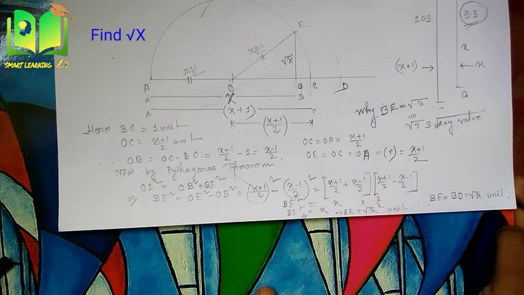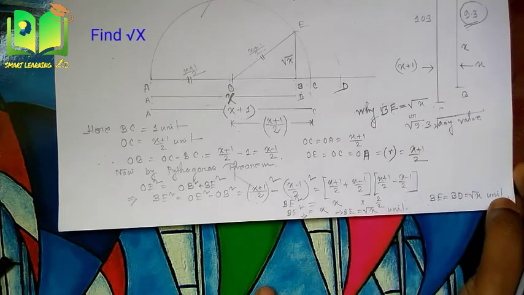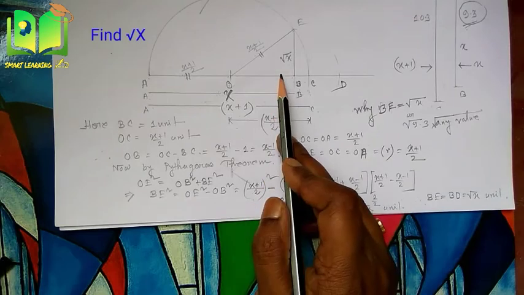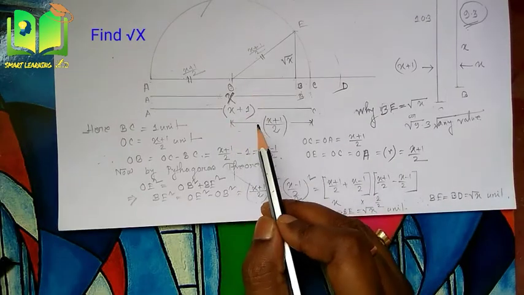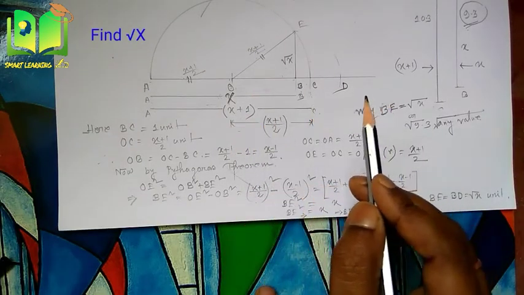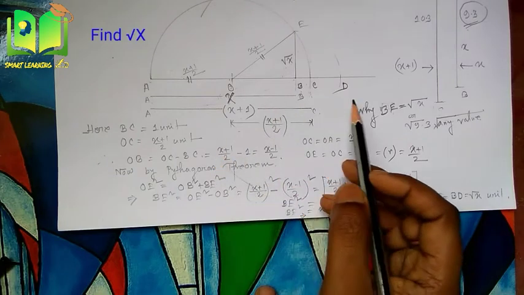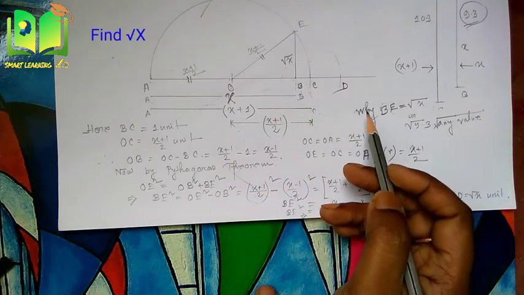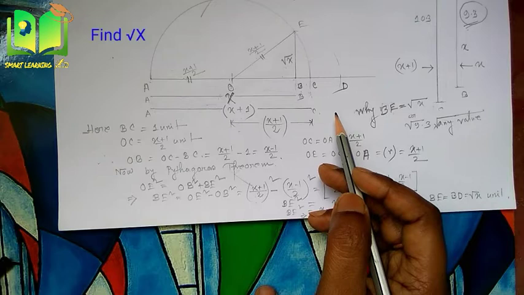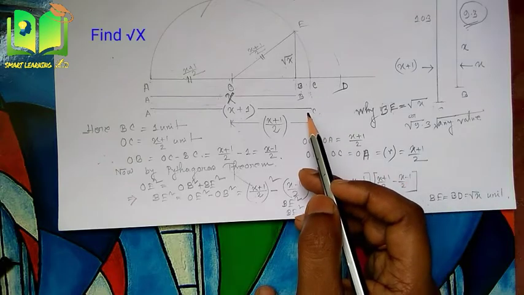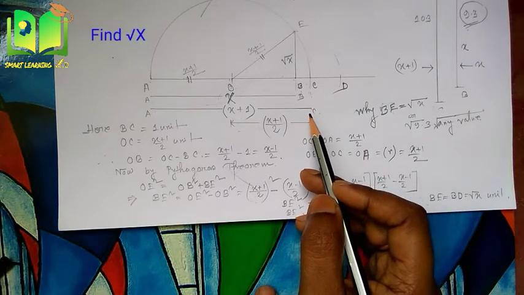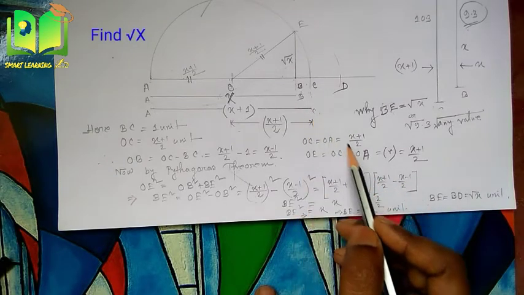I hope it is very easy to understand why this one is root x or root over 9.3 or any value. Watch the video slowly and must practice the drawing. So in this way you can find out the value of root 2, root 3, root 5, any. Okay, so try to draw the figure at home.